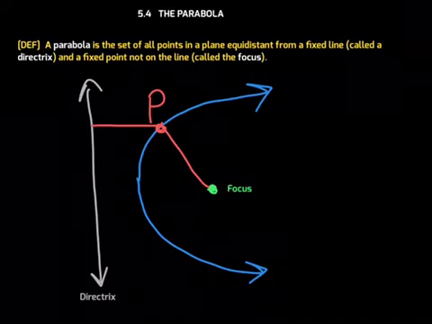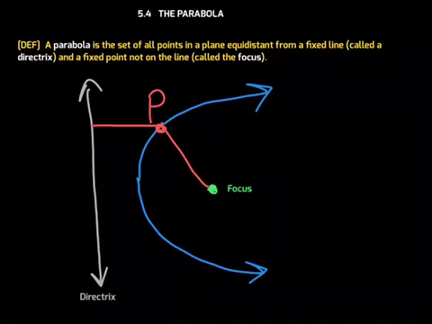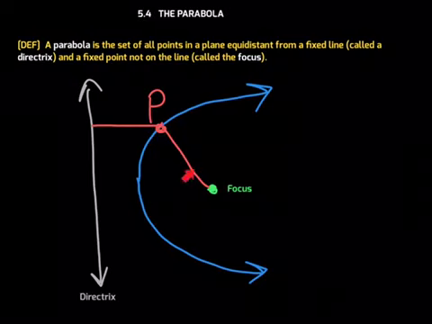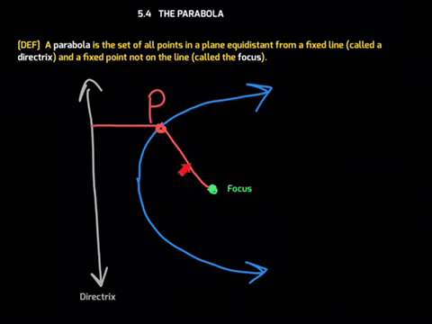So here I've called out a random point that's on my parabola, and this is the idea that the distance that the point on the parabola is from the directrix is the same distance that that point is from the focus. These two distances are the same.